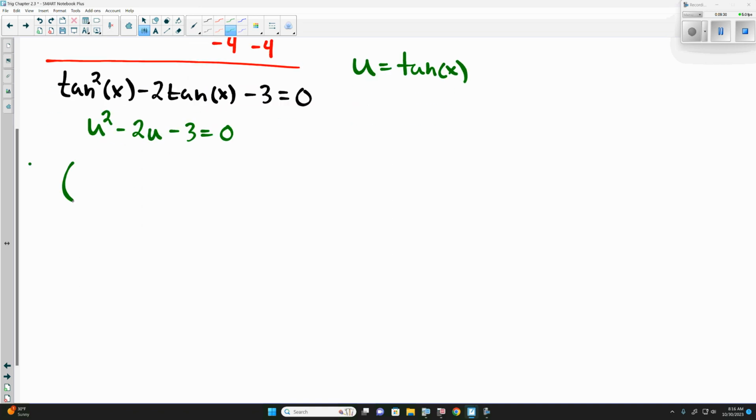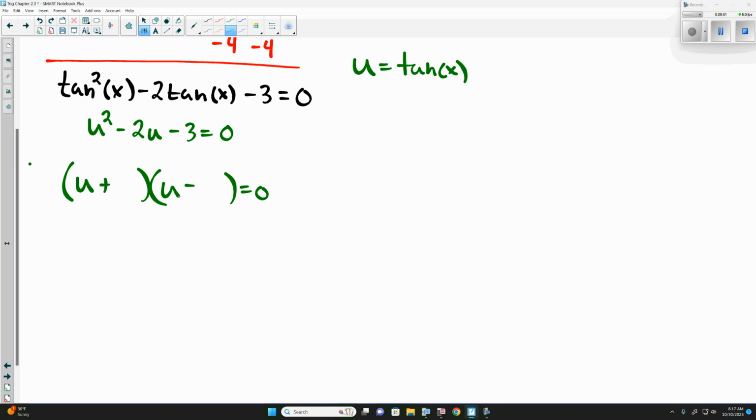Because if we factored this here, there is no greatest common factor. Since the third term is negative, our signs are opposite. Factors of u squared are u and u. And the only factors of 3 are 1 and 3.